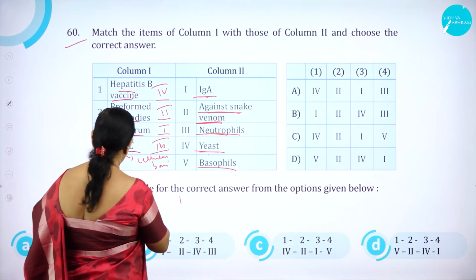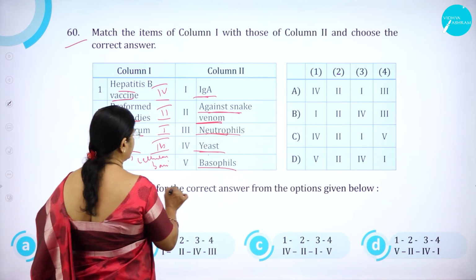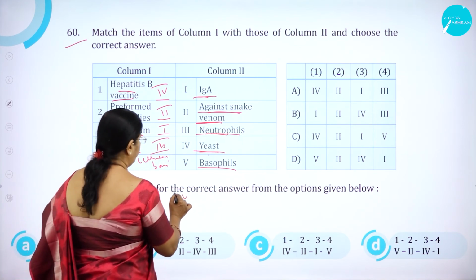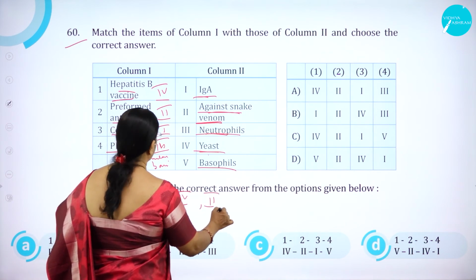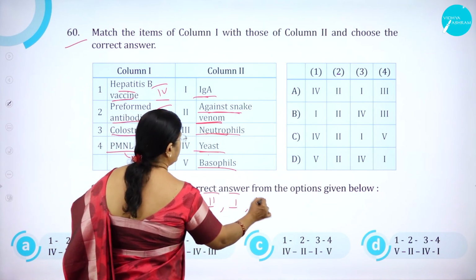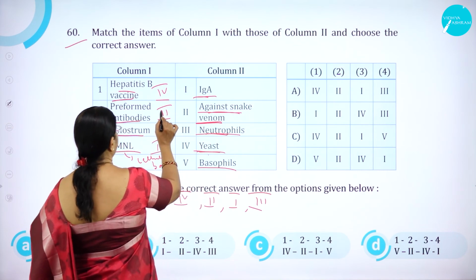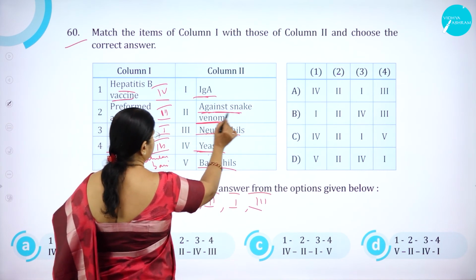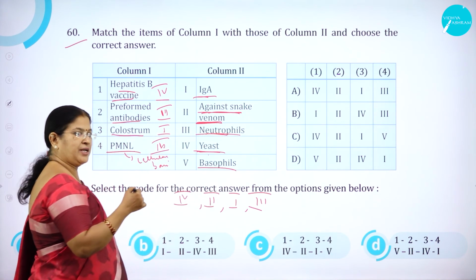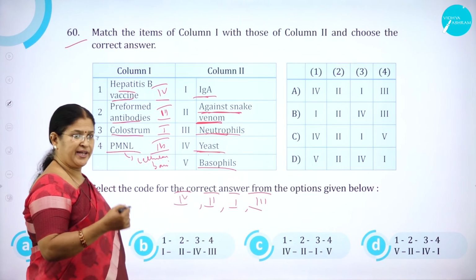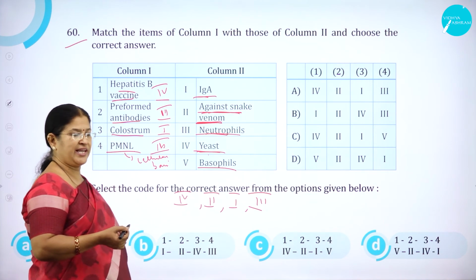So select the code for the correct answer from the options given below. So 4, 2, 1, 3. So hepatitis B, yeast, preformed antibodies against snake venom. Particularly it is nothing but passive immunity. At the time of obtaining immunity it is taken, so during the snake bite.